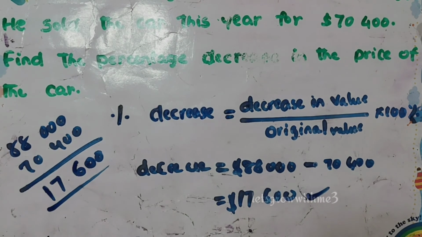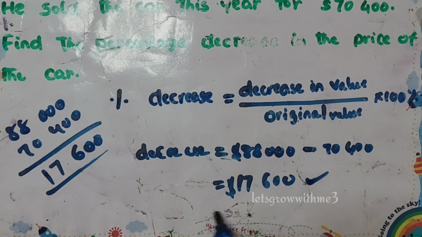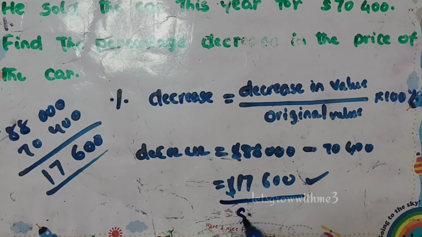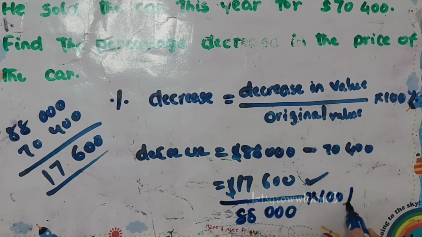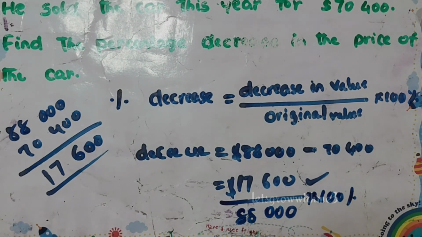Now we got the decrease in value, then we can find our percentage decrease. So it is 17,600 over the original value, which is 88,000, times 100%. These two zeros and these two zeros cancel, and here one cancels.